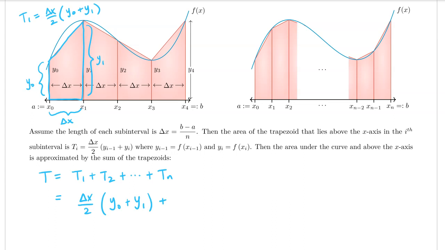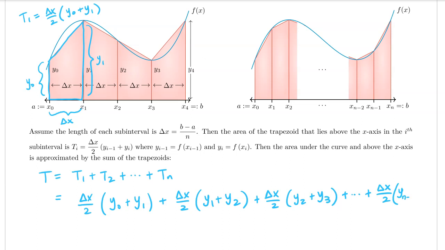Then T sub 2, the area of the second trapezoid, would be delta x over 2 times y sub 1 plus y sub 2. The area of the third trapezoid would be delta x over 2 times y sub 2 plus y sub 3. Then this pattern would continue on, and the area of the very last trapezoid, if we have n of them, would be delta x over 2 times y sub n minus 1 plus y sub n.